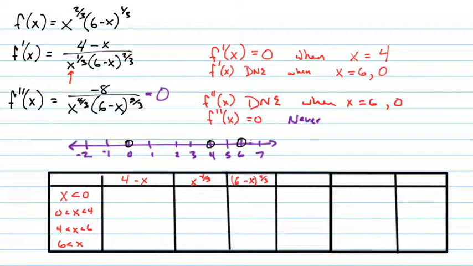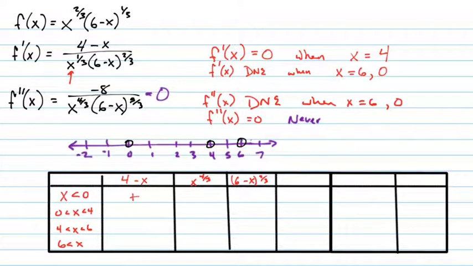And so what they say is if x is less than 0, what does that tell us about 4 minus x? Is it positive or negative? Positive. Okay. Now I wrote the wrong thing in this box here.